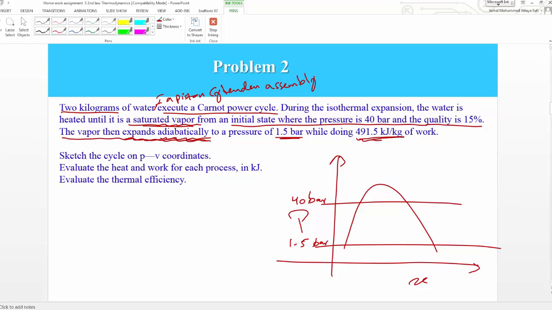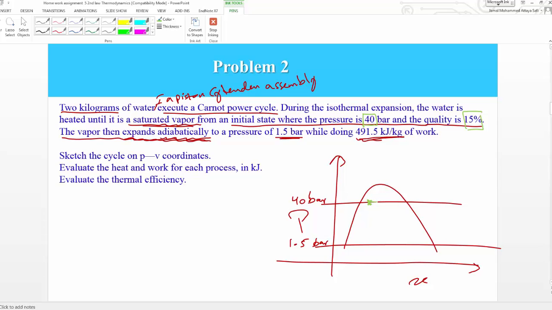And where can we start? I can do a different color. It tells me that initially the pressure was 40 bar and the quality was 15%. So my point 1 is here. And I added heat, so this is the isothermal expansion.